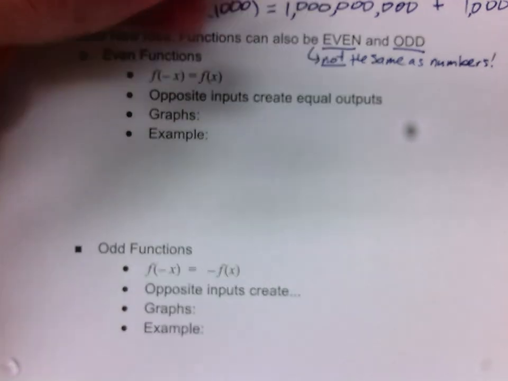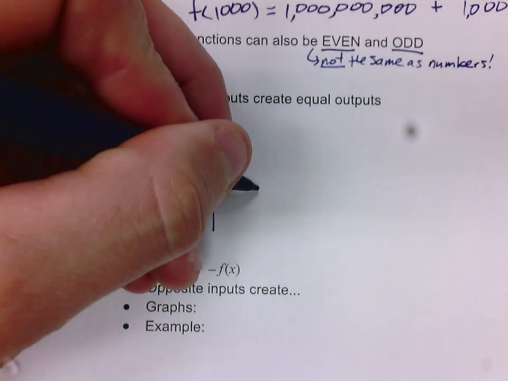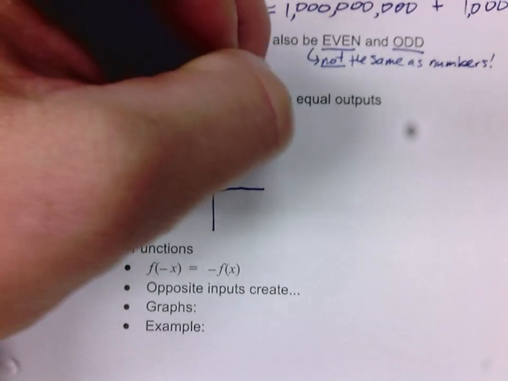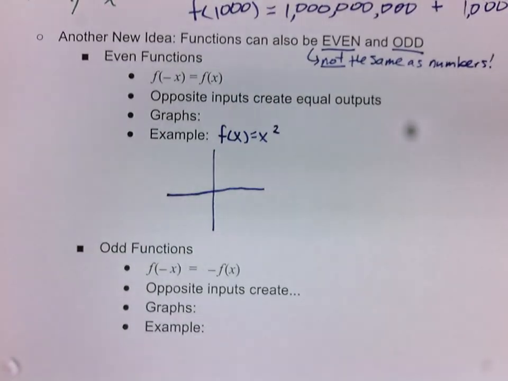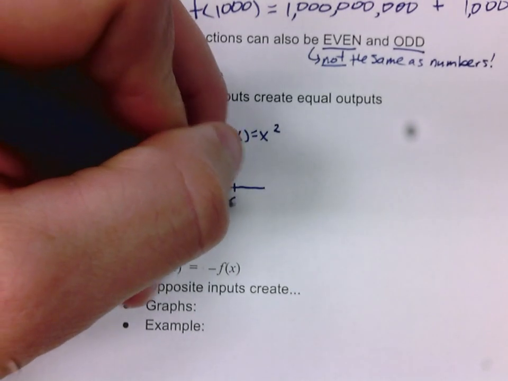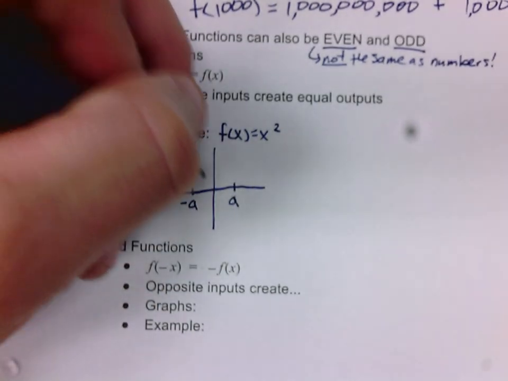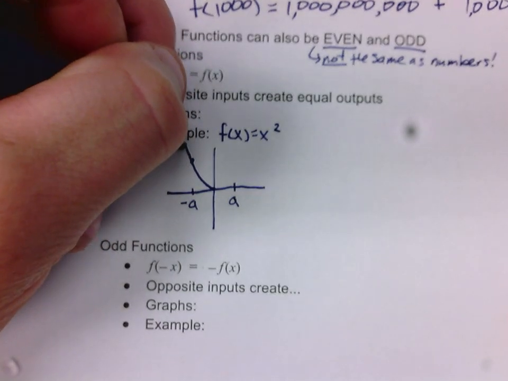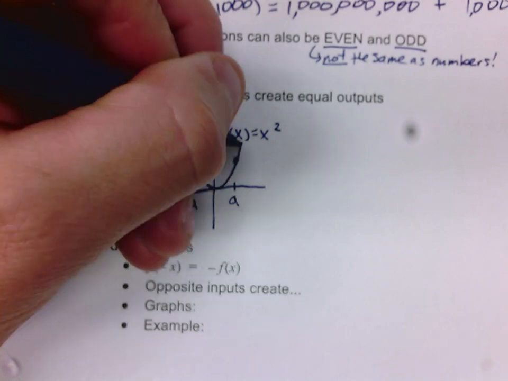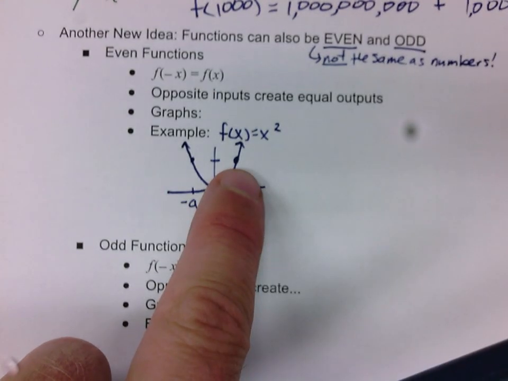Perhaps the best one to look at as an example, we're going to jump to that first and then talk about the graphs, would be f of x equals x squared. We know that if I put in a or negative a, and we know that this is a parabola, those two opposite inputs create the exact same output.